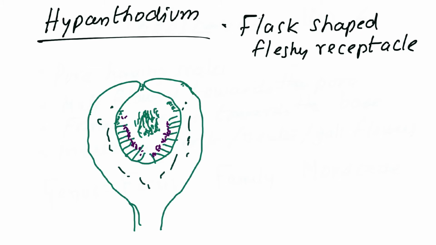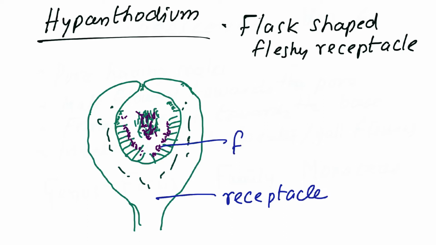Once again, repeating the key important points, you have the pore at the top. In the middle part, on the upper section you have the male flowers, and on the bottom, well developed, you have the female flowers. The whole structure is a flask-like receptacle.